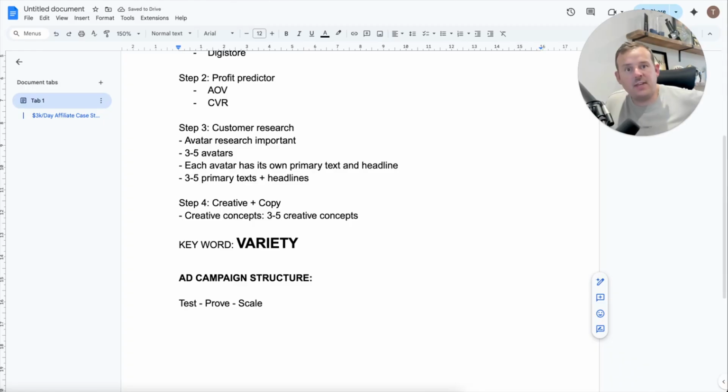This has been done for years. I've been using a format of this ever since I started. Very rarely did I go straight into scale unless I had proven winners already, right? There has to be some element of testing, whether it's in ABO or CBO, big budgets, little budgets. You need to test to some degree. You need to have some kind of variety, right? And the way I like to do it is this TPS: test, prove, scale.